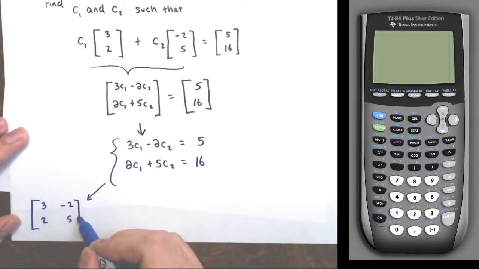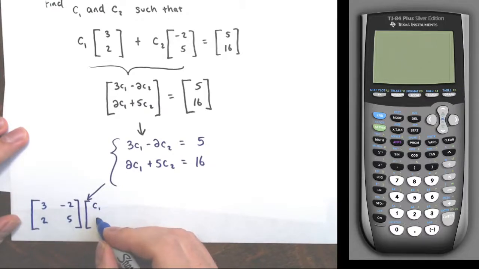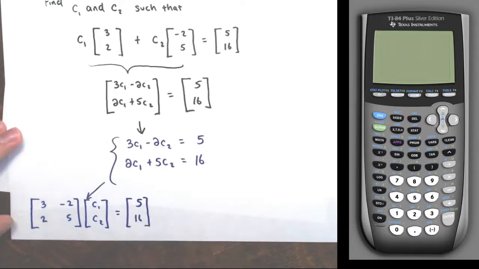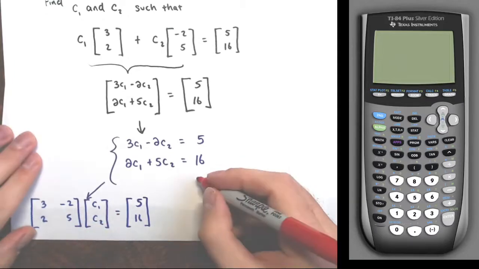There's a coefficient matrix times the variable matrix with C1, C2 in the correct order, equal to 5, 16 over here. I'll come back to this, maybe in more than a minute, to explain how you could construct this kind of matrix equation right away from the very beginning of the problem.